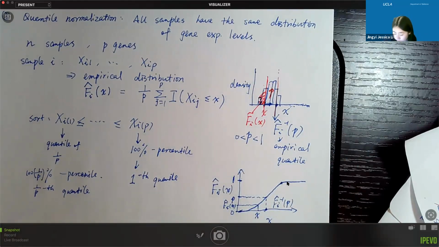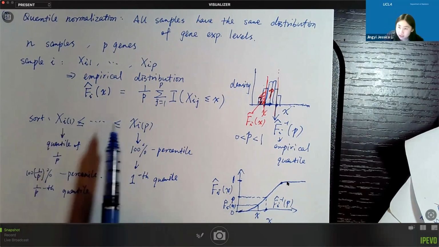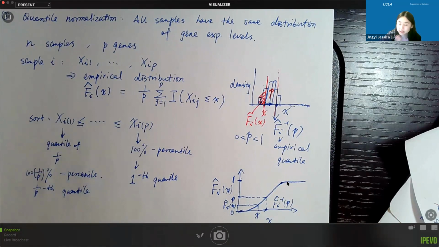So the idea is that for every sample, after you sort the p genes, you can get p quantiles. And across the samples, we want to make sure that the quantiles are the same.